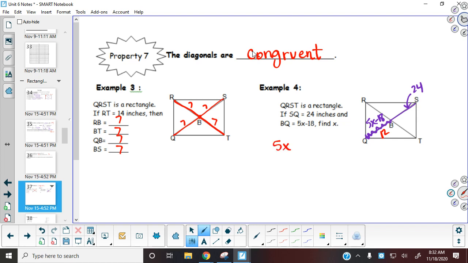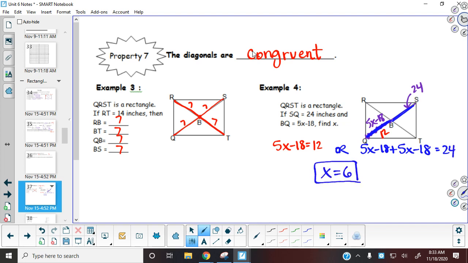So we can do 5x minus 18 equals 12. Or some of you might have gone the route of saying, if I know this is 5x minus 18, so is this. So you could have done 5x minus 18 plus 5x minus 18 equals 24. Either way you do that, when you solve, you get an x value of 6.